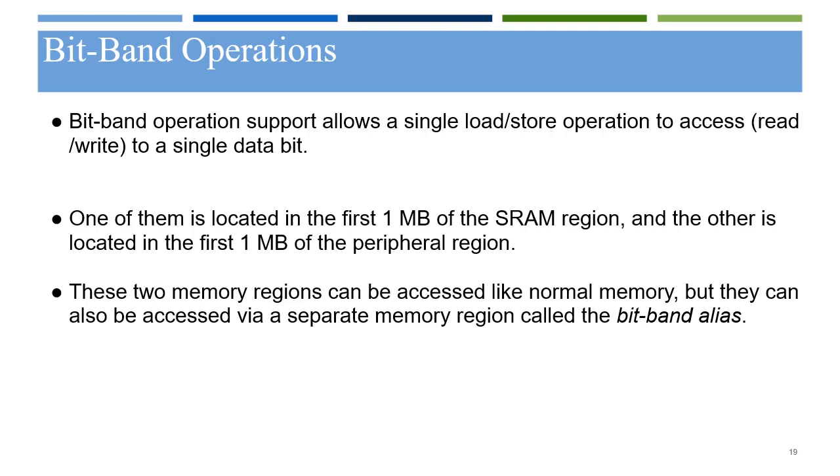These two regions can be accessed like normal memory, but they can also be accessed via a separate memory region which is called the bitband alias. When the bitband alias address is used, each individual bit can be accessed separately in the LSB of each word aliased address.